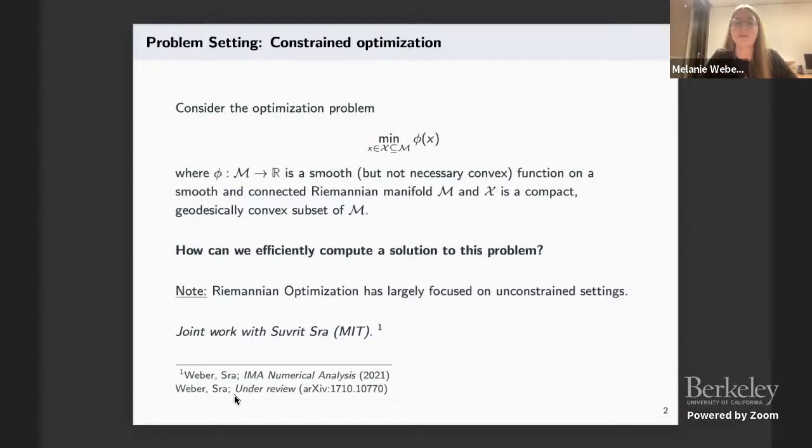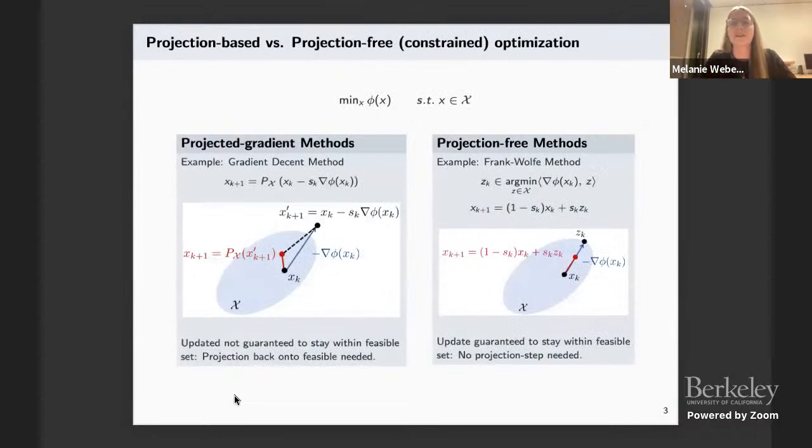So in my joint work with Zhou, who's at MIT, we looked into designing algorithms that can directly handle constraints. We can start by getting some intuition from the Euclidean setting, where this problem has been studied for several decades already. And there are essentially two approaches that people have considered. The first one are projected gradient methods, which are essentially extensions of the gradient descent algorithm to constrained settings. So here we perform a classical gradient descent update, which may carry us out of the feasible region.